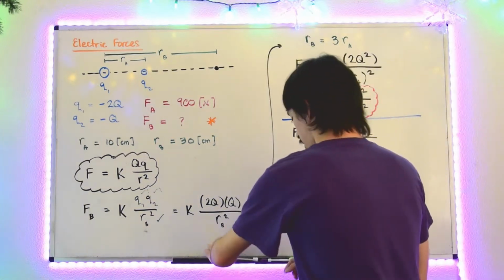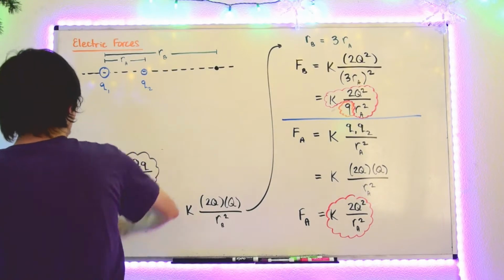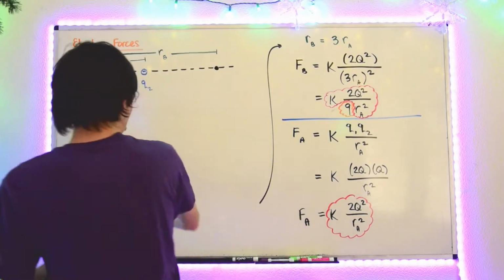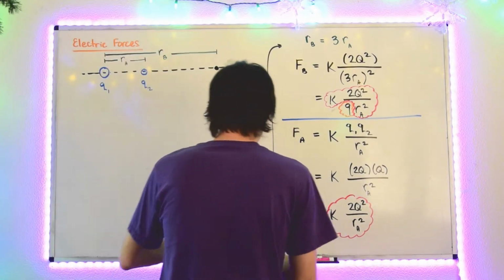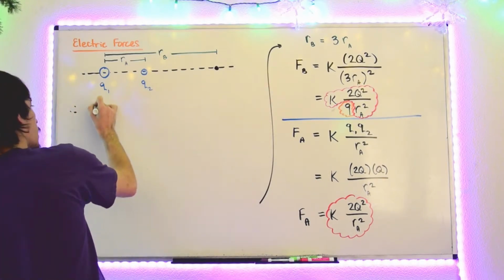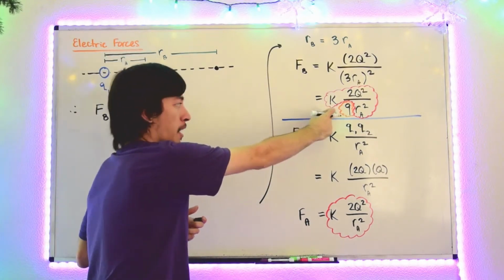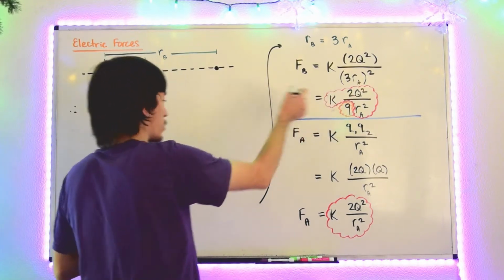So therefore, the force in B equals, we're going to separate off the factor of 9, but it's in the denominator, so it's 1/9.